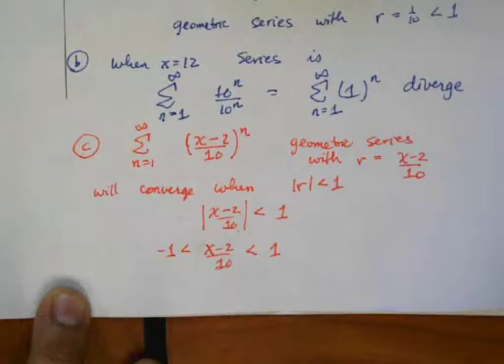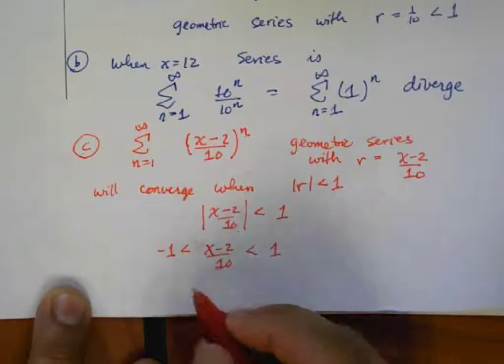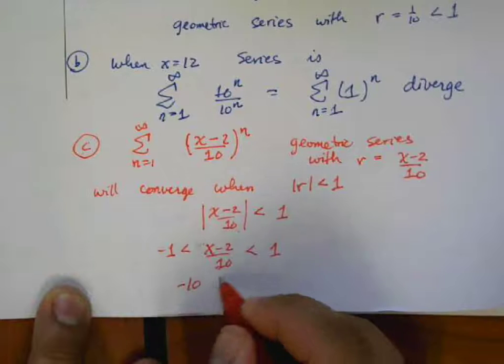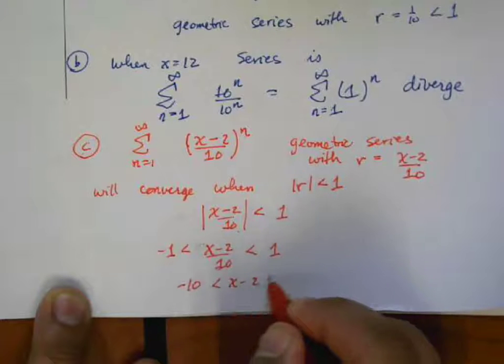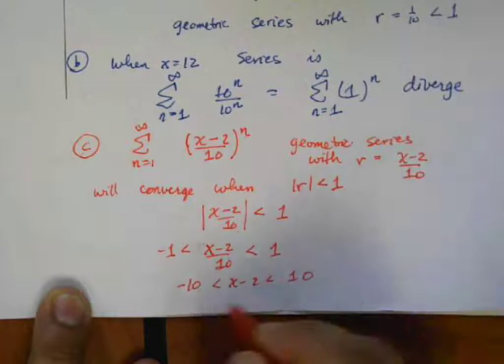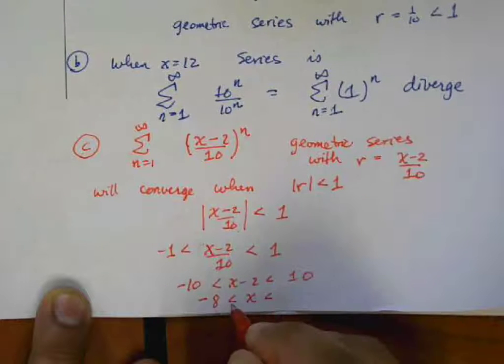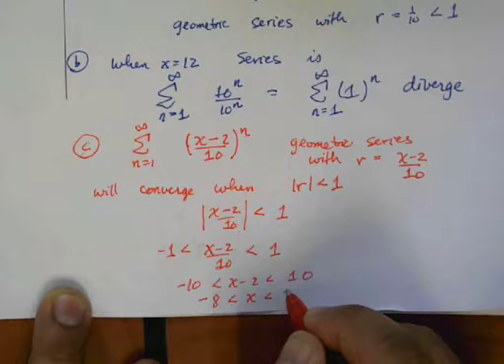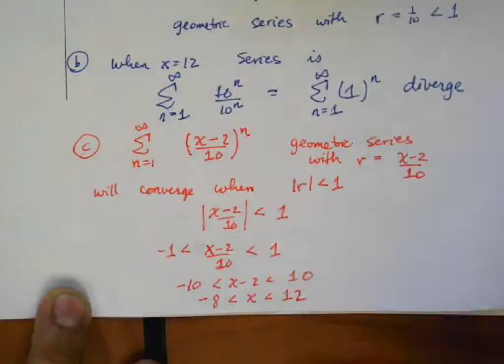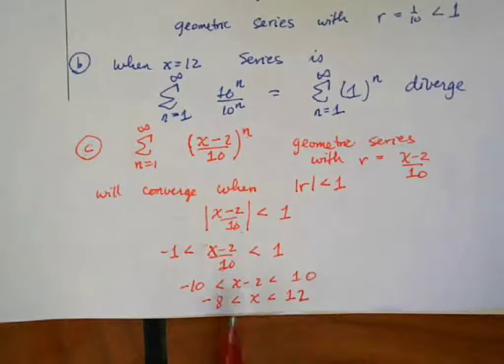And now we solve for x, multiply both sides by 10, and then add 2 to both sides. So we get negative 8 is less than x, which is less than 12. And so this is what's meant by all values for which x will converge. It means that the original series will converge if x is between negative 8 and positive 12.